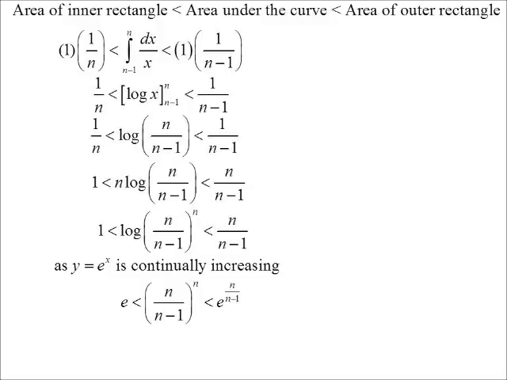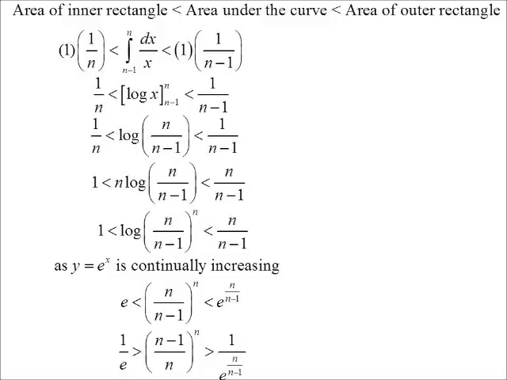But because I know my exponential curve is increasing, as my numbers are getting bigger, then again the area under the curve is still going to be in that order. So it is fair, we can say this, E therefore, that inequality must be preserved because it is continually getting bigger as we go from left to right. So E is less than n on n minus 1 to the power of n, which is less than E n on n minus 1. Well, I think we're getting close to what they want.